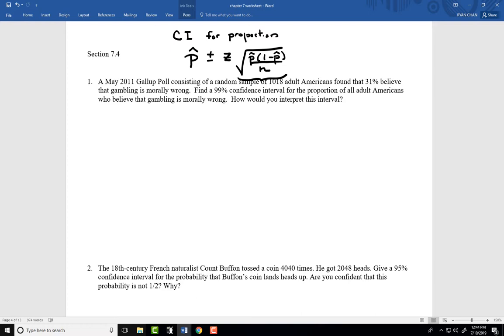Let's say you're asking people if they want to vote for candidate A or candidate B, and you poll 100 people, and 70 of them said they're going to vote for candidate A. Just because 70% in your sample will vote for candidate A does not mean 70% of your population will.